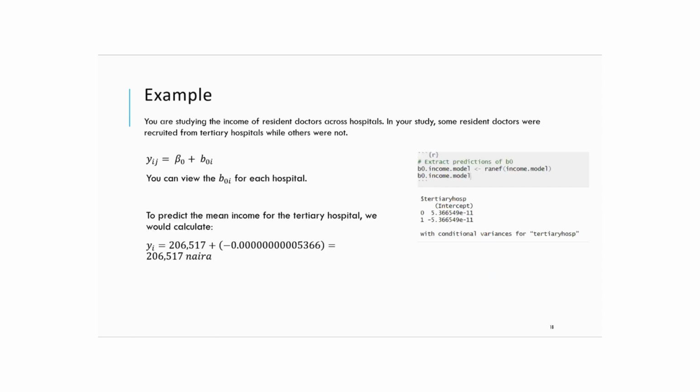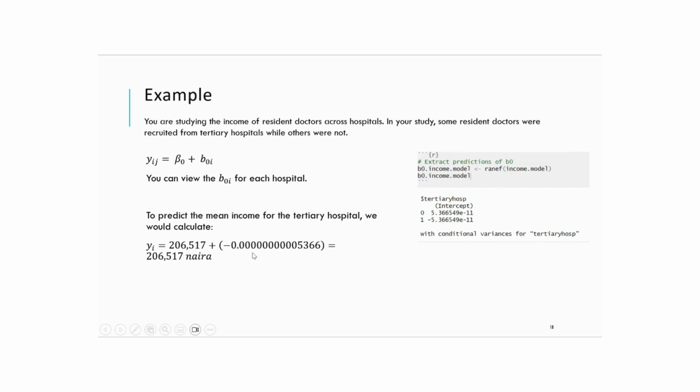And then we have further R extracts. Remember, we said that if you were a resident doctor working in a tertiary hospital, there would be an addition, and this addition does not have to be positive. So you're coded 1 or you're coded 0. So let's look at the R extract here. This is negative 5.3, raised to the power minus 11.